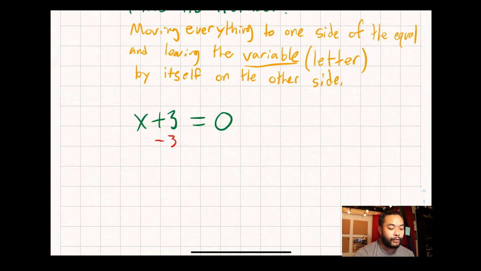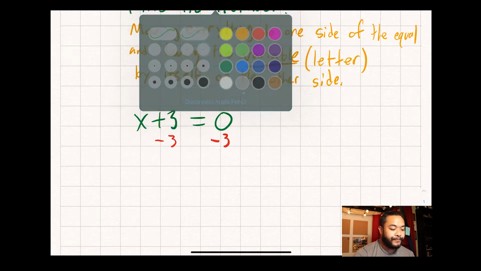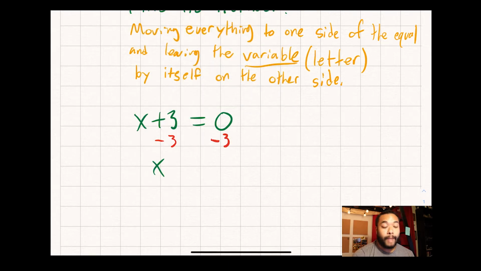So we subtract 3. And if I ever do one thing, any operation on one side of the equation, I must do it on the other side of the equation. So I'm left with x plus 3 minus 3, that's plus 0, equals 0 minus 3 is negative 3. X plus 0 is the same thing as saying x, because 0 is nothing. And now x equals minus 3.